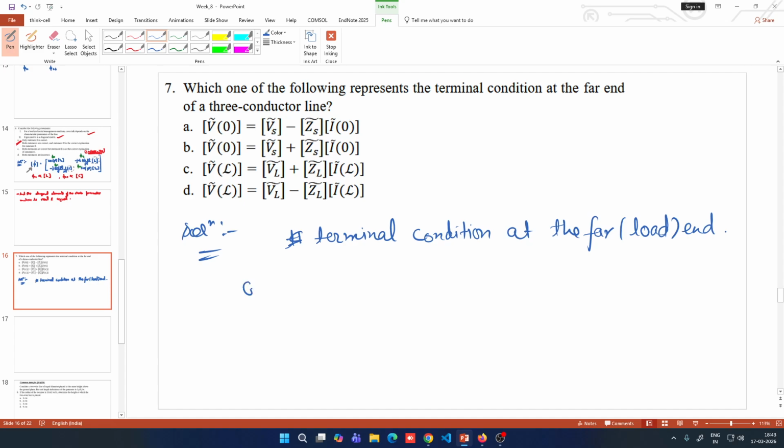So I can write the general load end relation for a three-conductor transmission line.